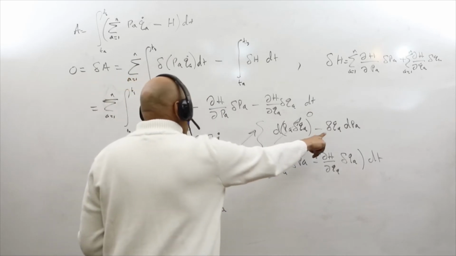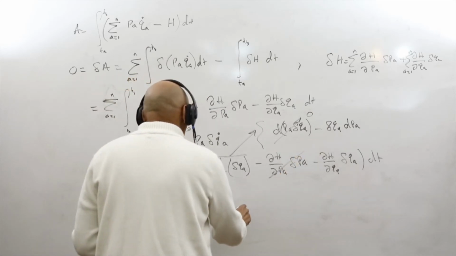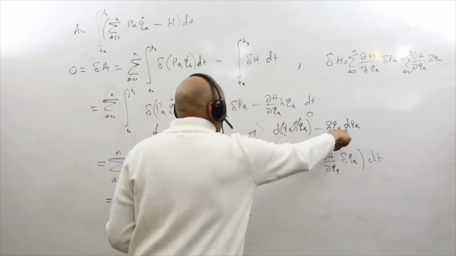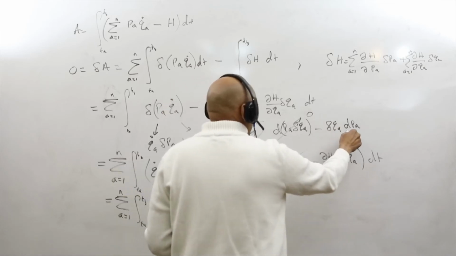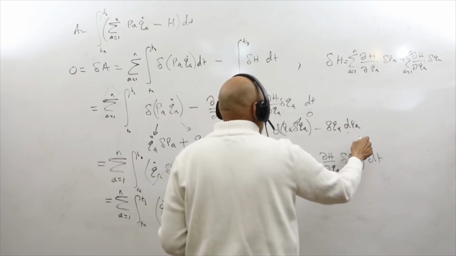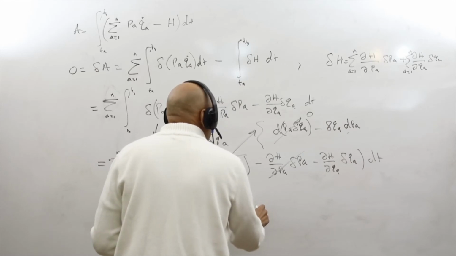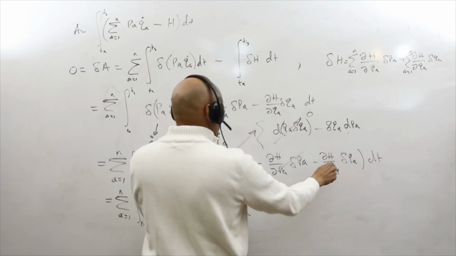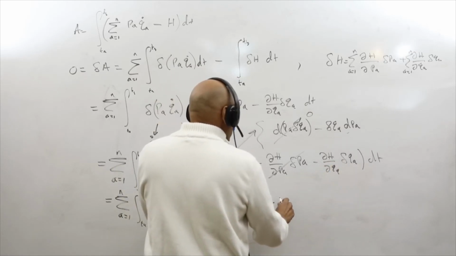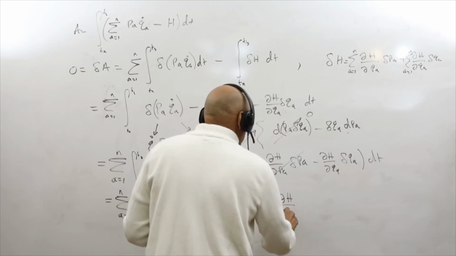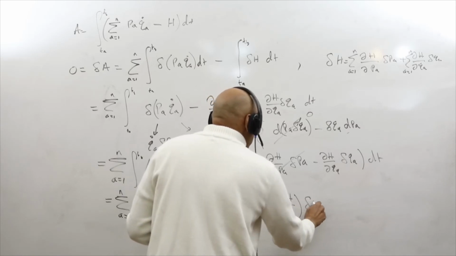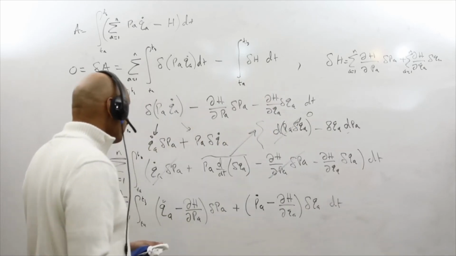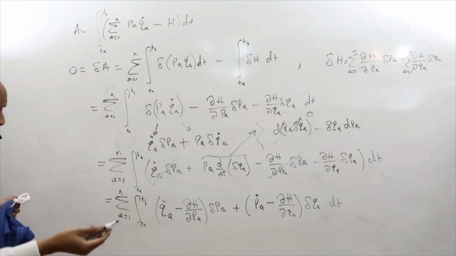And this term is actually this, so we have plus dPA dt, so this is really divided by dt, multiplied by dt cuts you back into here, so this becomes PA dot minus the partial of H with respect to QA, variation of QA, and dt. And so we're left with this, and we're finished.